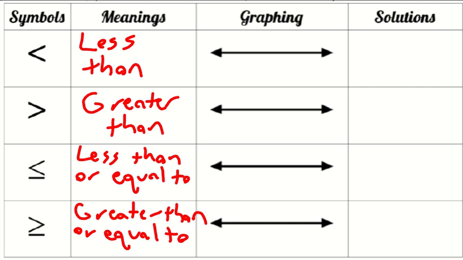We are going to have to be able to graph these. Okay? We're going to get a variable and a number with an inequality sign in between them. So for all these, I'm just going to use 3.